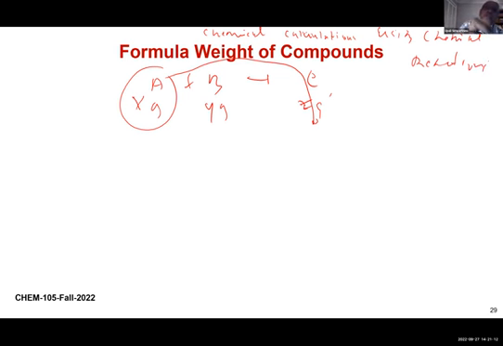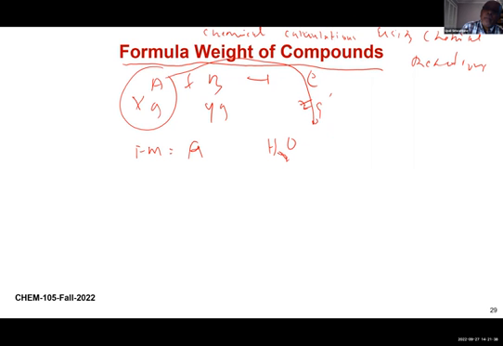So to do this, first you have to come up with the formula mass of A. For example, how do you get the formula mass of water? You look in the periodic table.